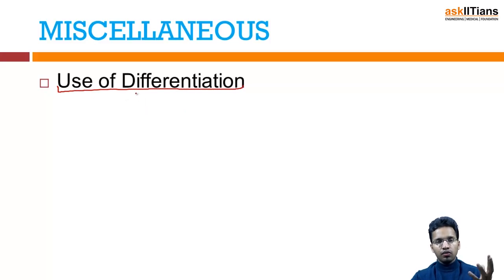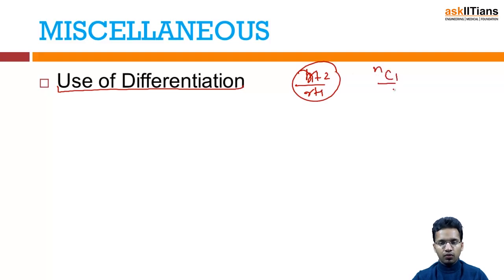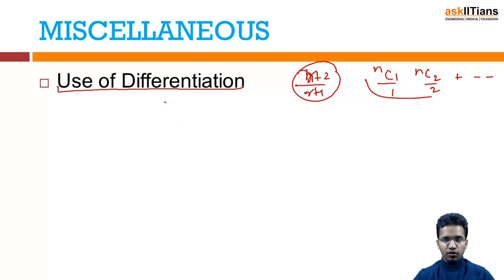The question which we did maybe two or three parts ago was something like this: n by 2, r by 2, and you got a series like 1, nC2 by 2. This could have been solved using differentiation or maybe integration. So we will do that also.